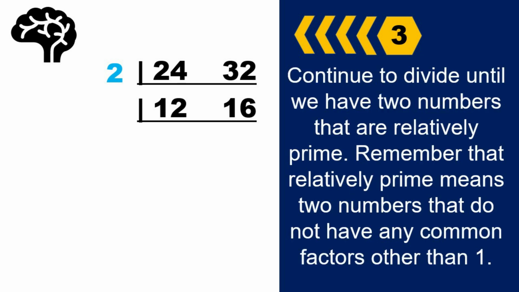Third, continue to divide until we have two numbers that are relatively prime. Remember that relatively prime means two numbers that do not have any common factors other than 1.